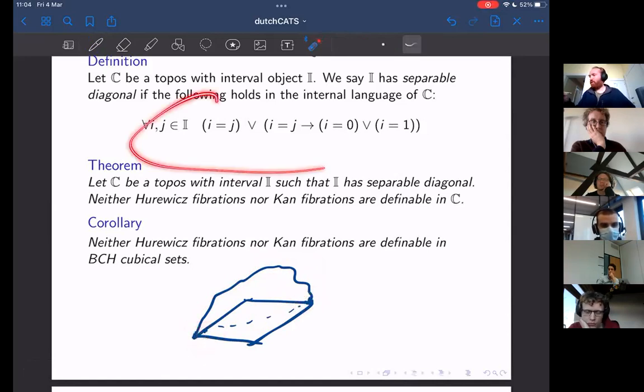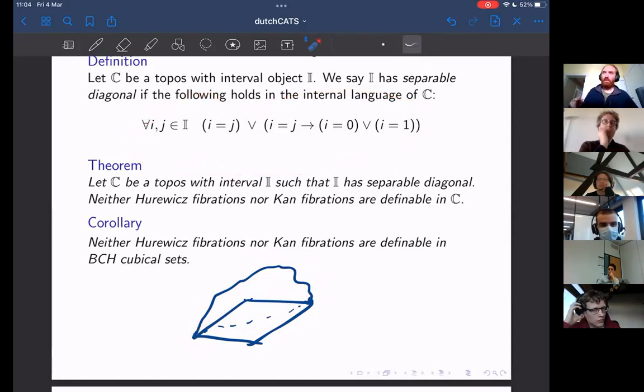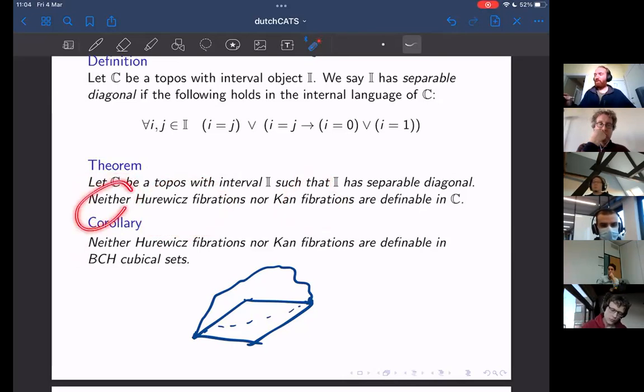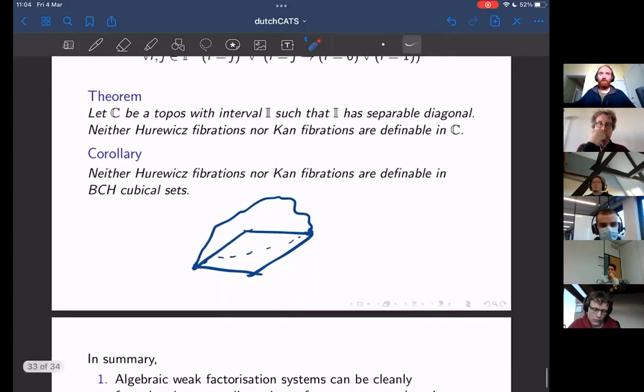That's what this separable diagonal condition is showing. It's also possible to show that if we use this interval to define Hurewicz fibrations or Kan fibrations, then they're not definable.